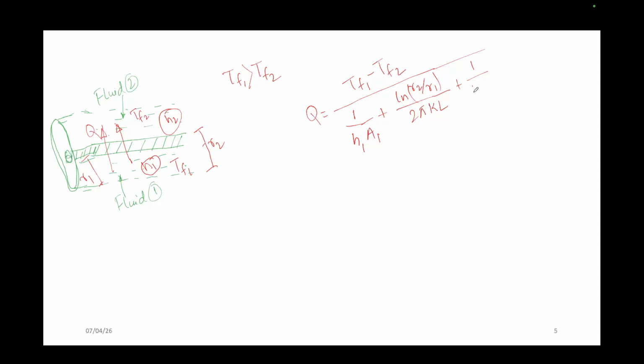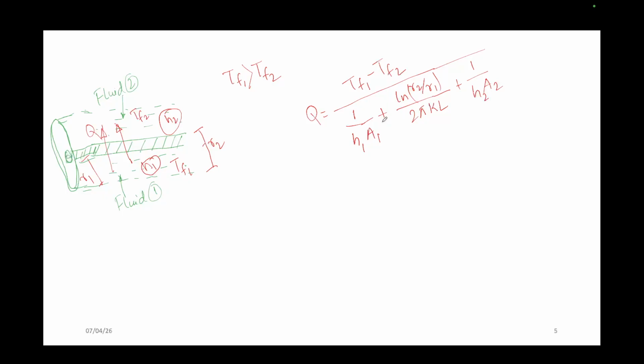So 1 by H2 times A2. In the general case it should be equal, but let us assume this is the inside surface and this is the outside surface. This is not a cylindrical surface, but some portion may be insulated. In general cases both are equal, but I am not considering that. Okay, is it clear?